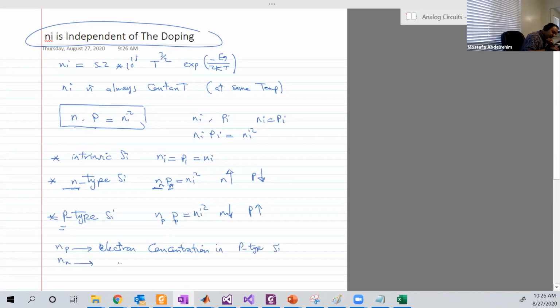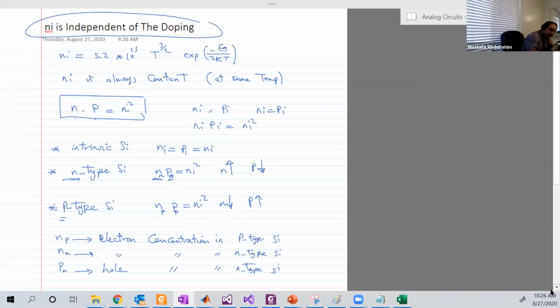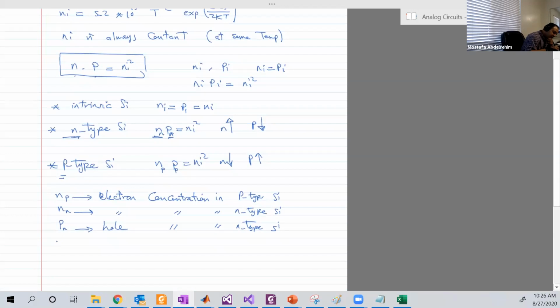Nn, electron concentration in N-type silicon. What is Pn? Hole concentration in N-type silicon. What is Pp? It is hole concentration in P-type silicon. Okay?